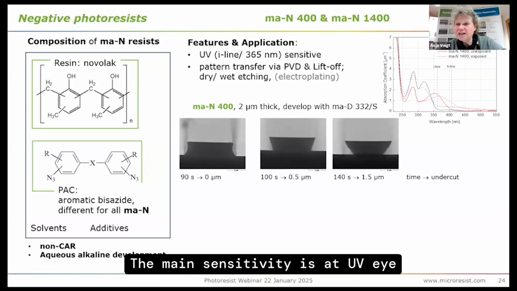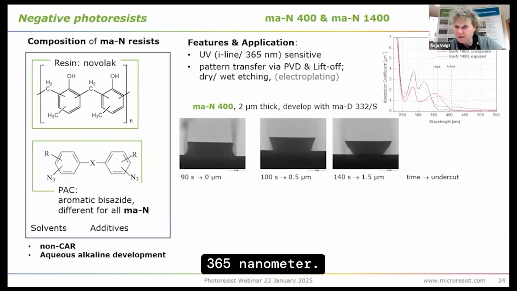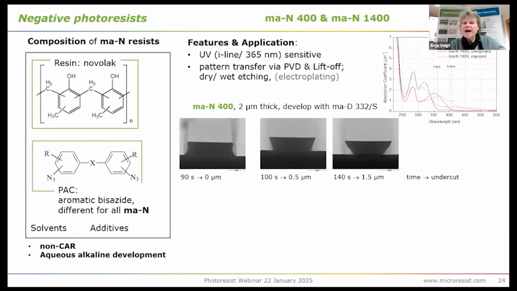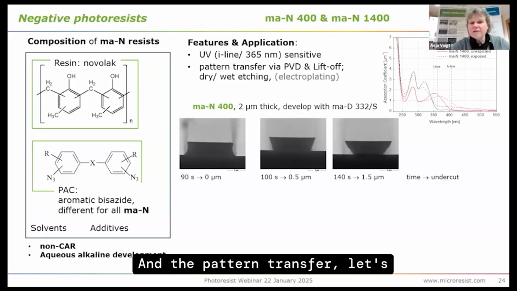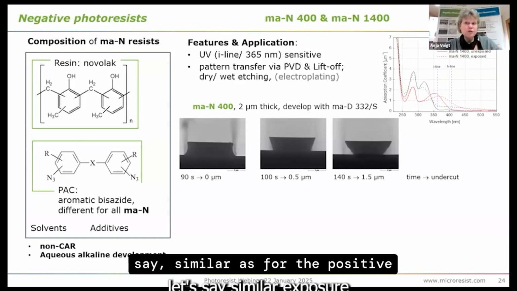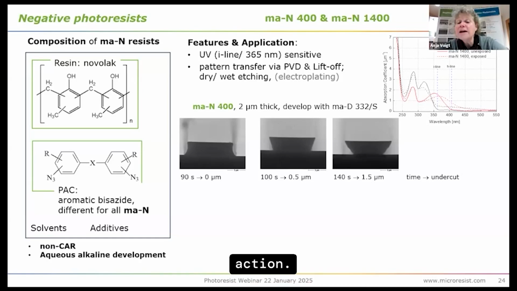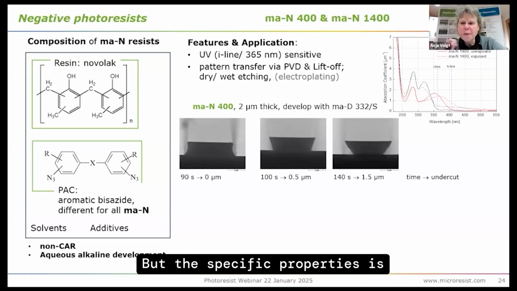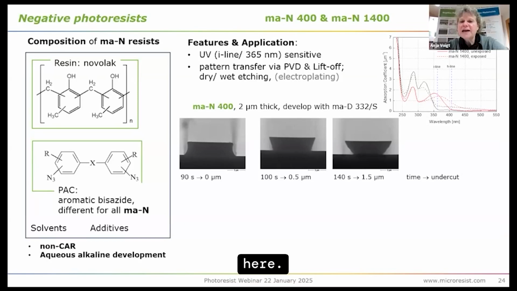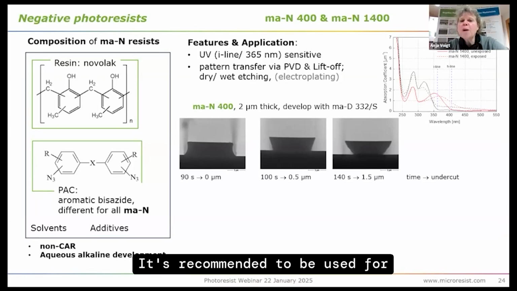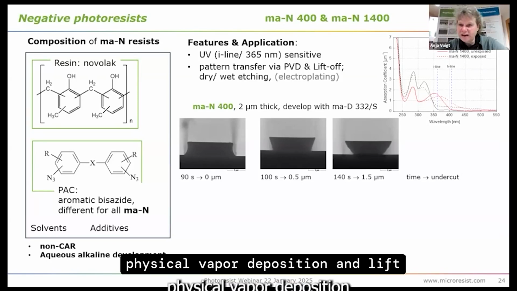The main sensitivity is at the UV I line, 365 nanometer. And the pattern transfer is, let's say, similar to the positive resist, so for dry and wet etching. But the specific property is here: it's recommended to be used for physical vapor deposition and lift-off.